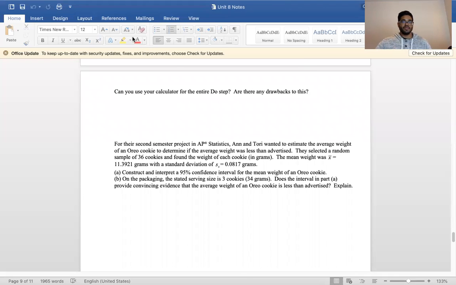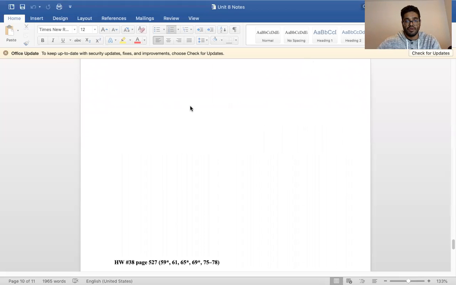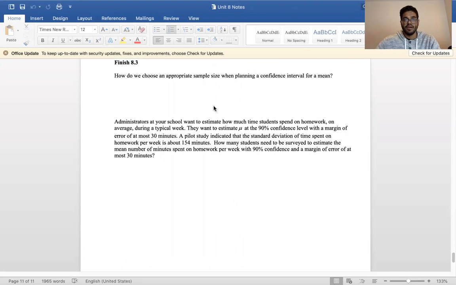That's going to lead to the last part of these notes. How do we approximate sample size when planning a confidence interval for the mean? If I use my equation from the first page of these notes, we have margin of error equals t critical times the standard deviation of x over the square root of n.